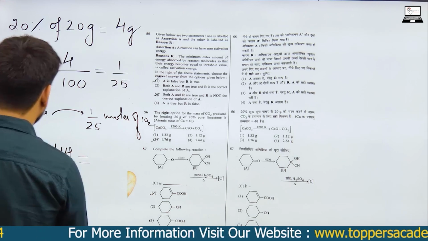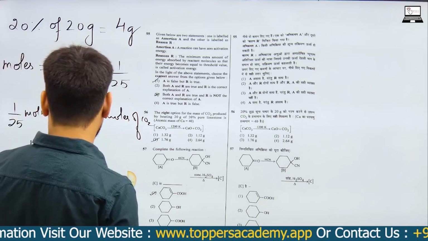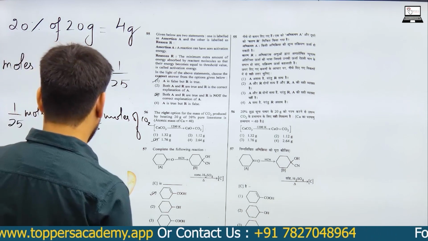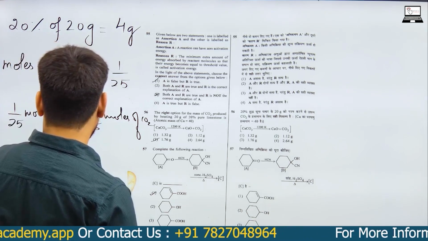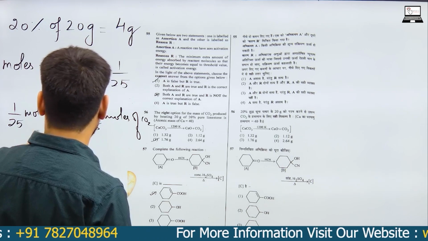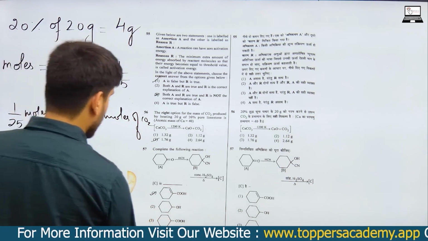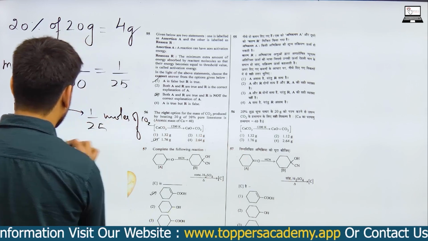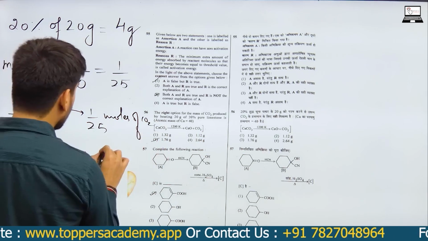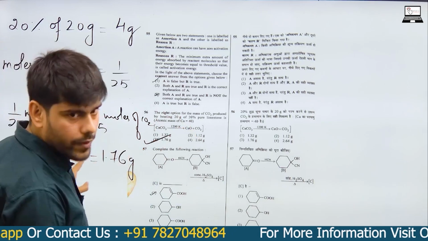So this is 1 upon 25 into 44. When you solve it, you will get 1.76. C is the right answer, 1.76.